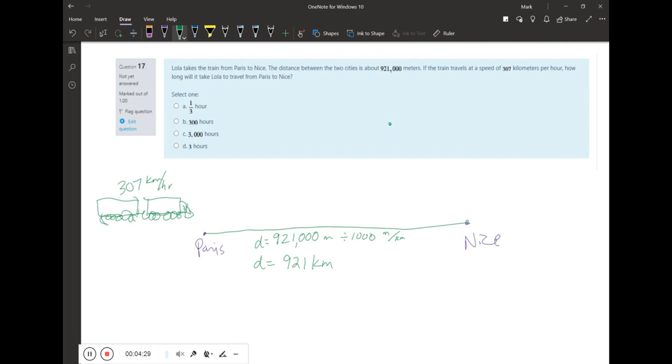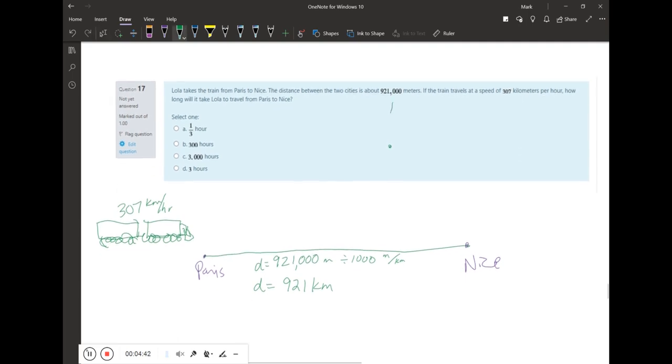So say, just using simple numbers, you knew you could go 100 kilometers per hour, and you wanted to know how far you would go. After 1 hour, you've gone 100 kilometers. After 2 hours, you've gone 200 kilometers, right?